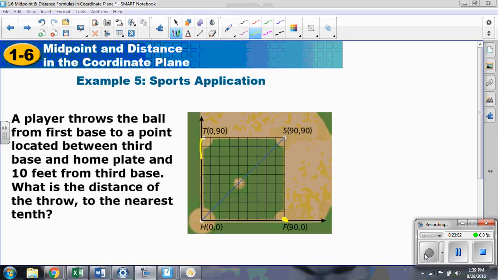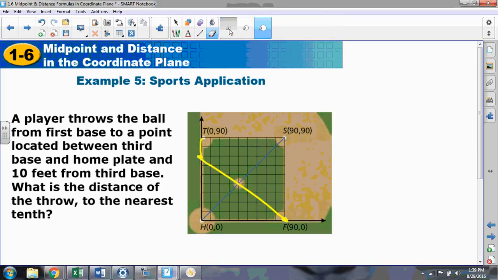Okay, so that's putting us at a spot like that. What is the distance of the throw rounded to the nearest 10th? Thus, what we're trying to determine, what is this length in yellow? From first base over to this spot, that is a gap of 10 feet. What is the length in yellow?